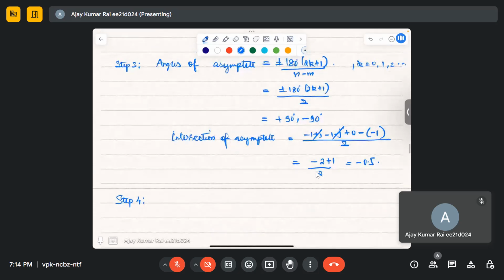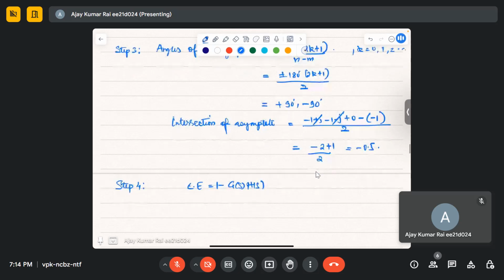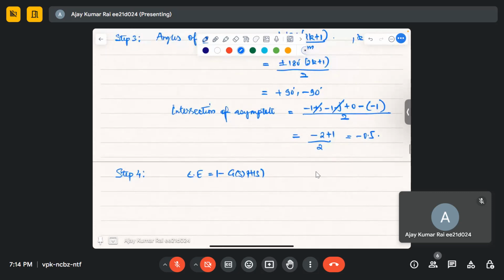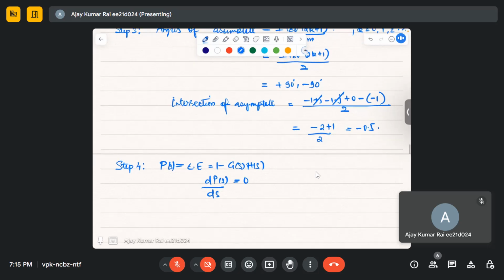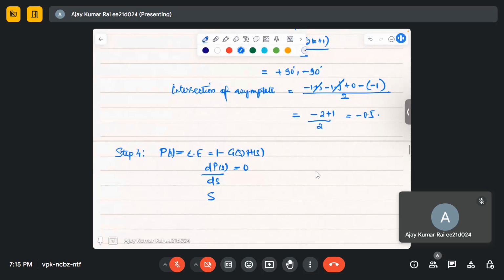So in our case here, for the positive feedback, the characteristic equation will be 1 minus GsHs, right? This will be the case. Okay, so what you have to do, let's consider this to be Ps. Okay, so you differentiate this with respect to s, and put it equal to 0 and calculate the value of s.